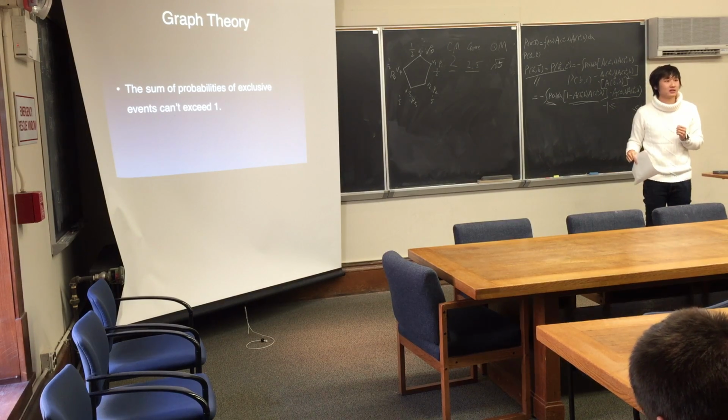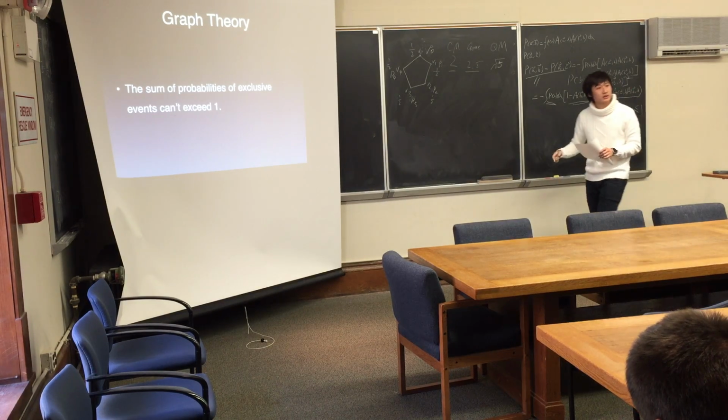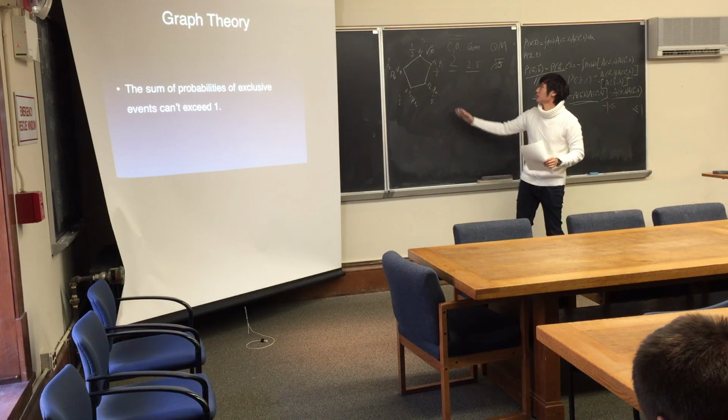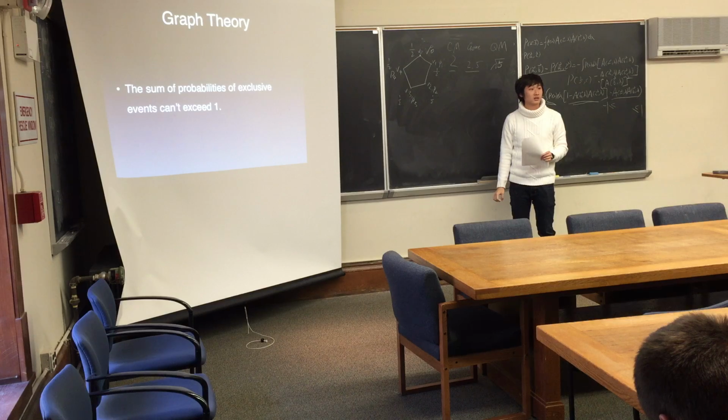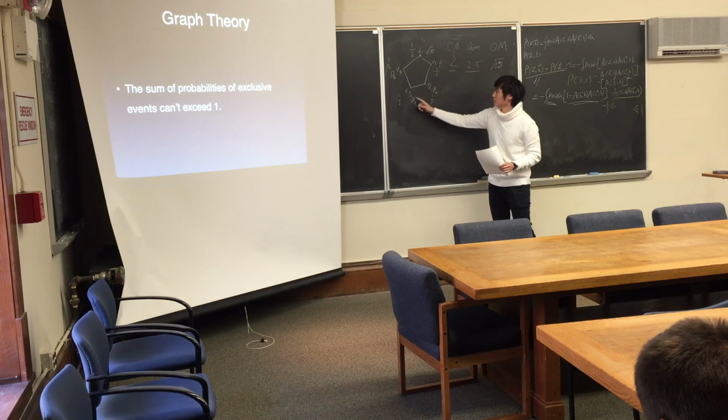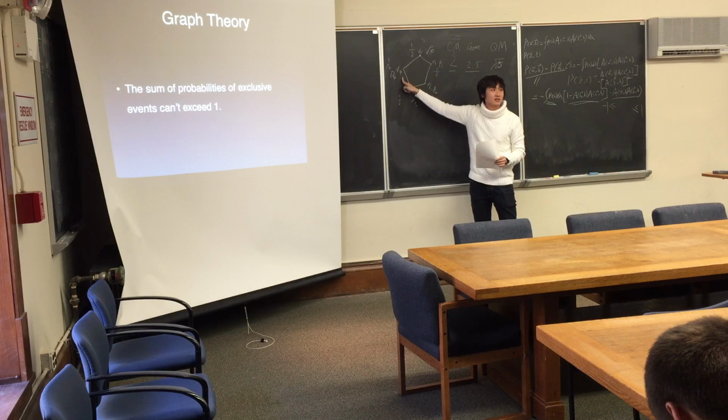Right, so that means if the probability of event 0 is P0, then P1 is less than or equal to 1 minus P0, and P4 is also less than or equal to 1 minus P0. Right? But how do you get P2 and P3?